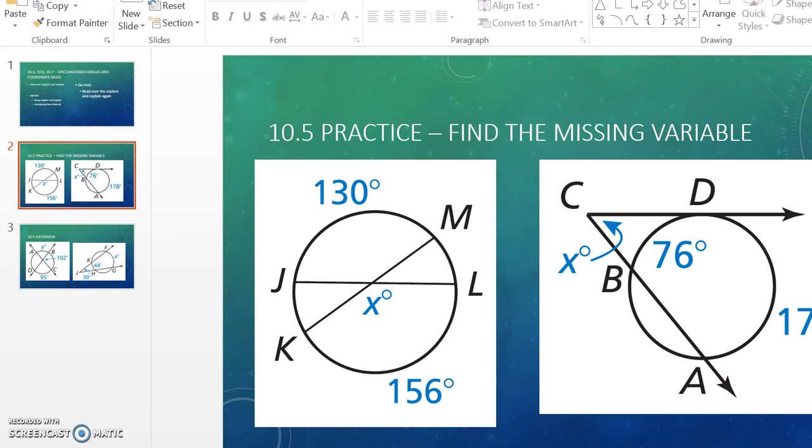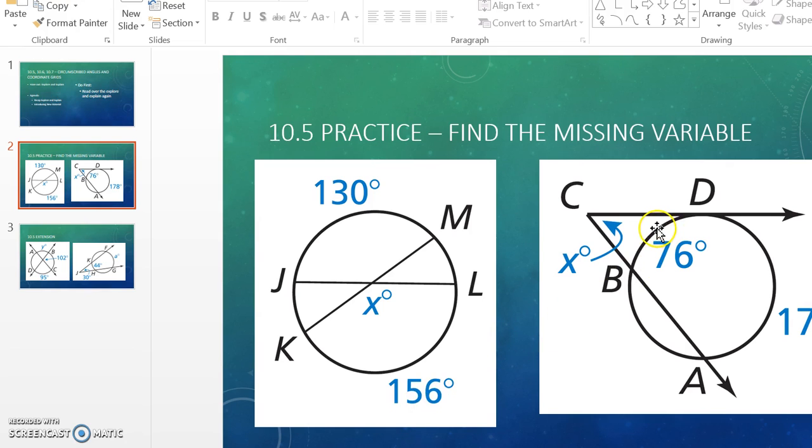For just another example, if you're going to do this guy, to find x, remember this angle is inside of the circle. So you would add the two numbers, divide by 2, and you'd get that x is ultimately 143 degrees, because it's these two added together, divided by 2.